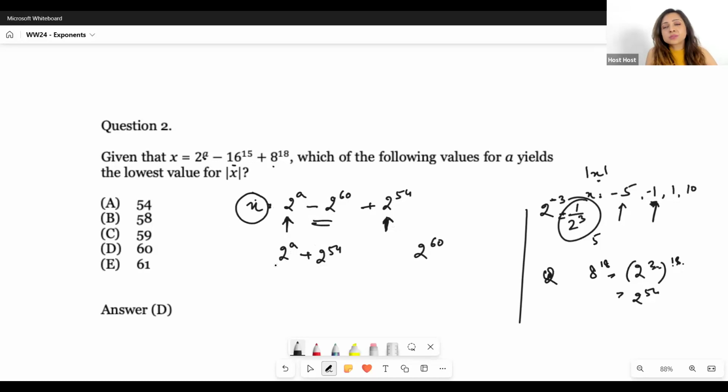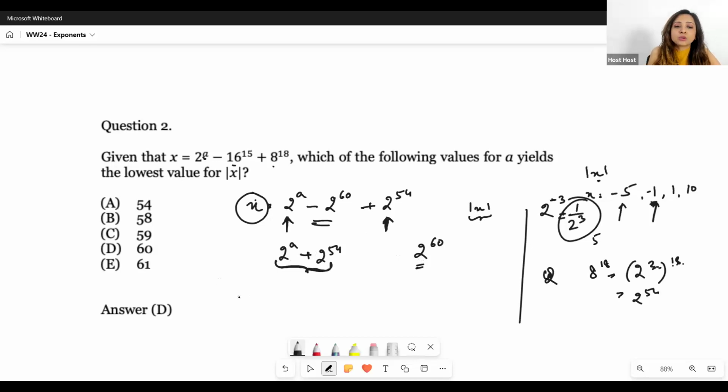But even if it is very slightly more or less than 60, then my mod x will become very, very small. I have to make it as close to 0 as possible, which means that I have to make this as close to 2 to the power 60 as possible.